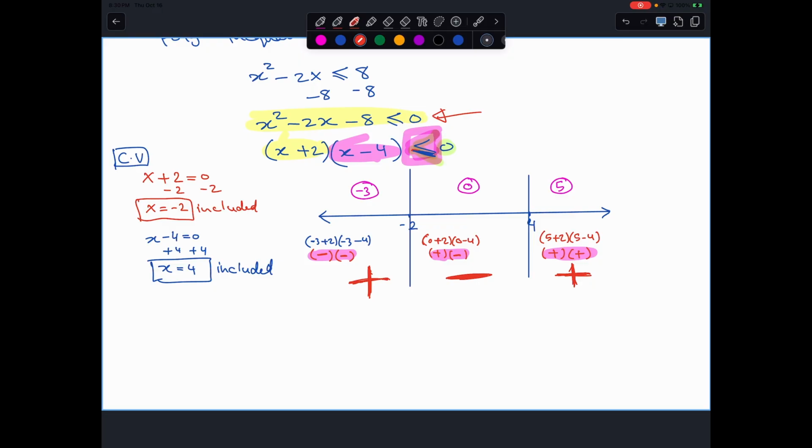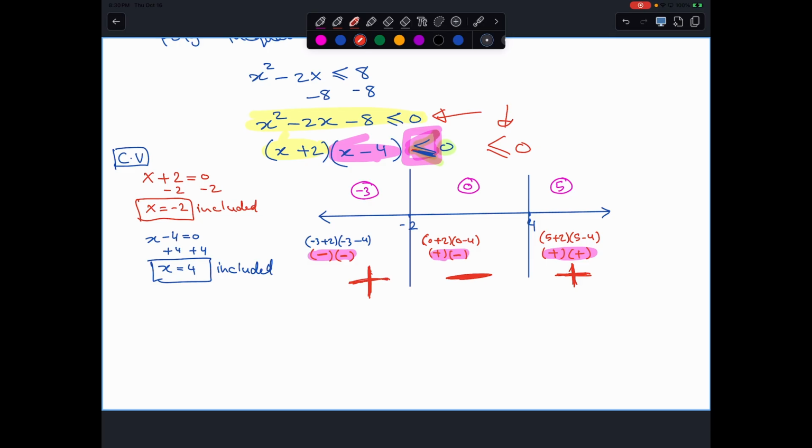Less than or equal to 0 means negative or positive? Don't worry about the direction of the sign. Think about the meaning of the sign.